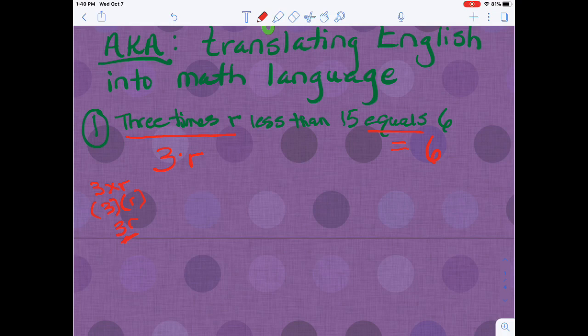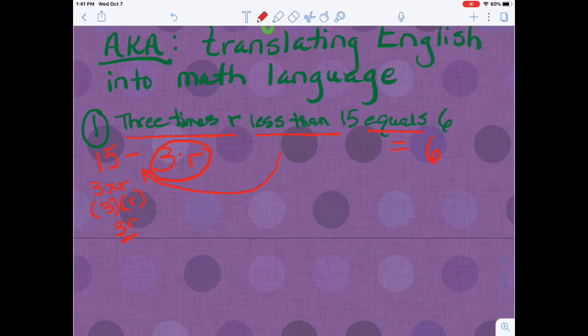I probably would major on this one right here. The words less than 15 don't mean greater than or less than. We're talking about three times r, that amount less than 15. So we're actually going to put this up front so that we can subtract it and make it this much less than 15.